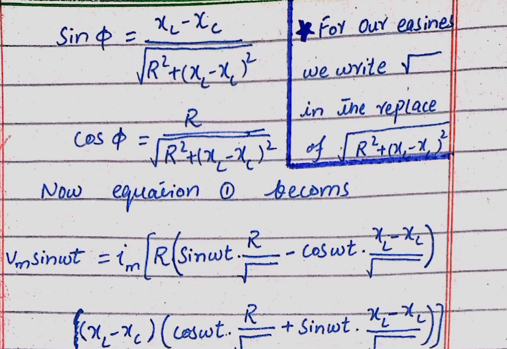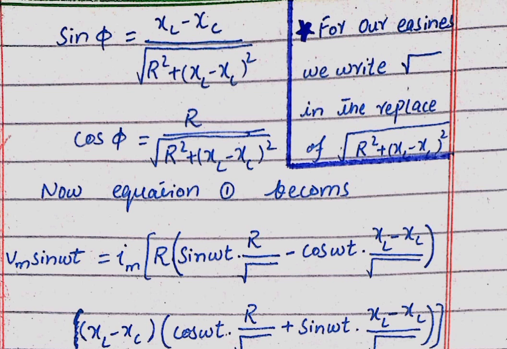Then we find the value of sin φ from the triangle: sin φ is equal to XL minus XC over the square root of R squared plus (XL minus XC) squared, and cos φ is equal to R over the square root of R squared plus (XL minus XC) squared.